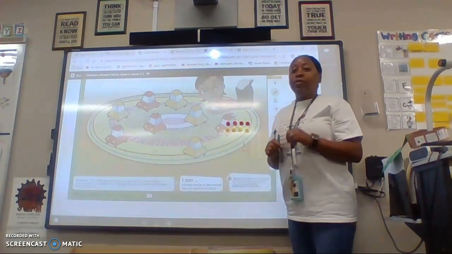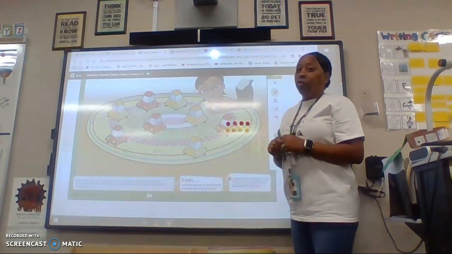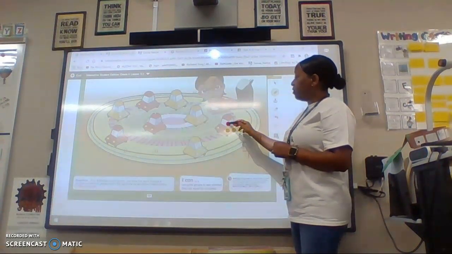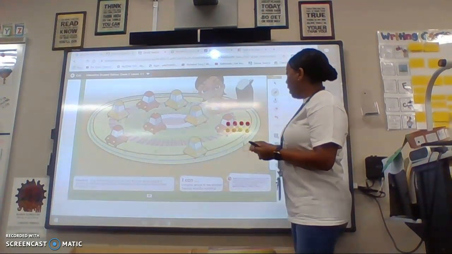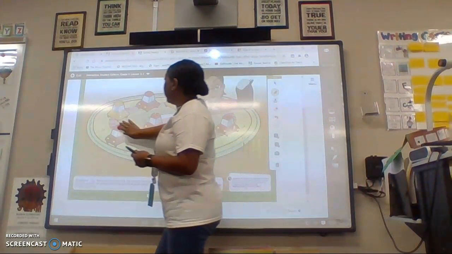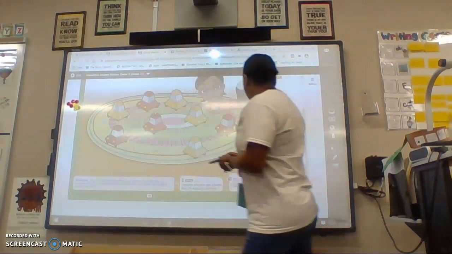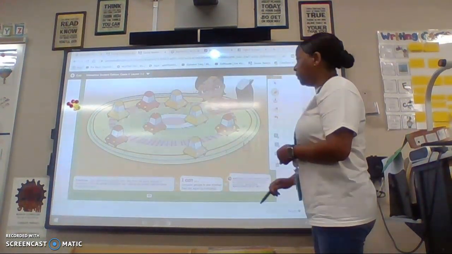So that's the second way that we know that they are equal in number, because for every red counter, there is a yellow counter. Okay? All right. Let's move that out of the way. All right, let's go to our next page.